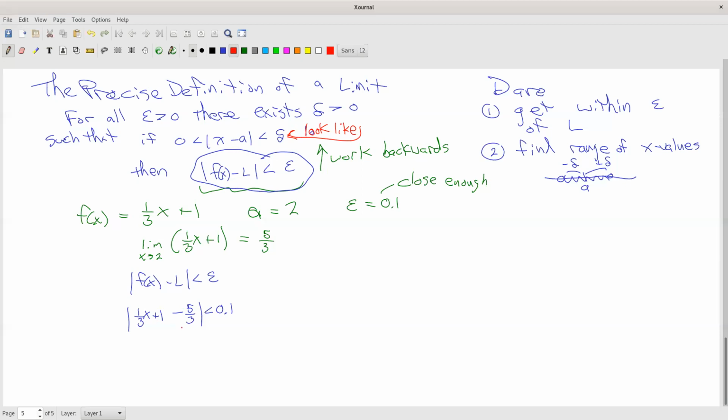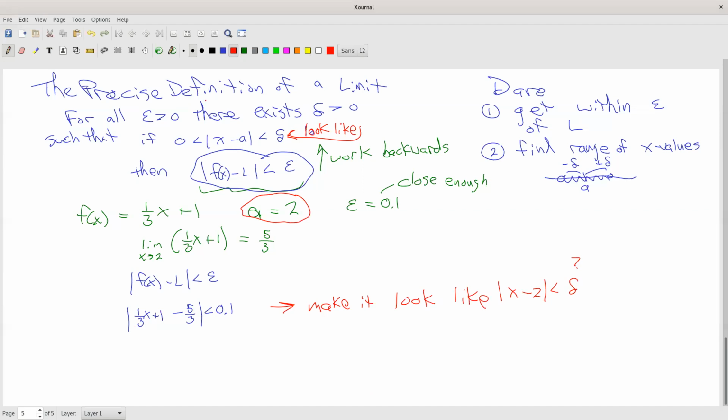So again, I'm going to make it look like absolute value of x minus 2 is less than delta, because 2 is A. And then I can figure out what delta is. So let's do it here. I can clean up the inside of this absolute value here by taking 1 minus 5/3. 1 is 3/3 minus 5/3 is 2/3.